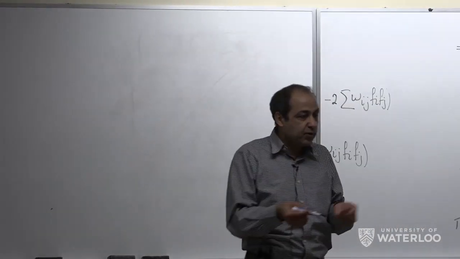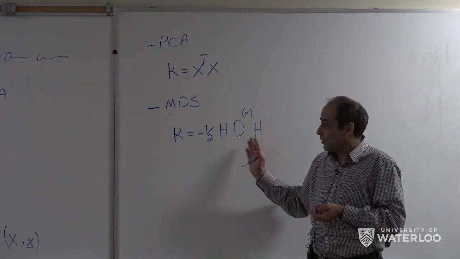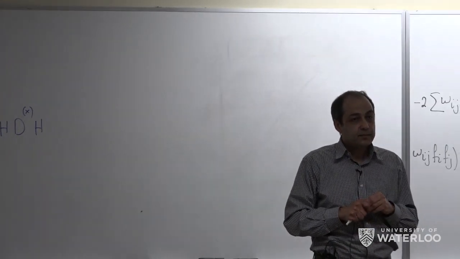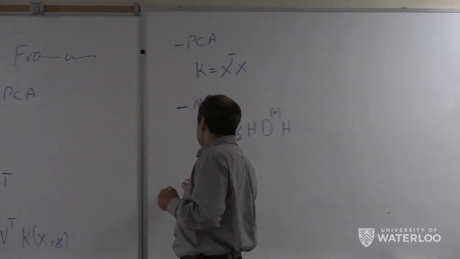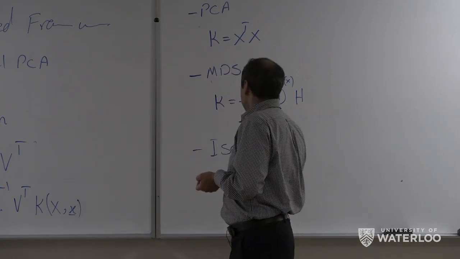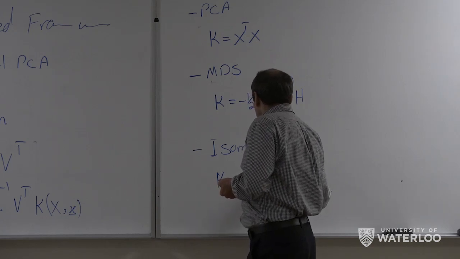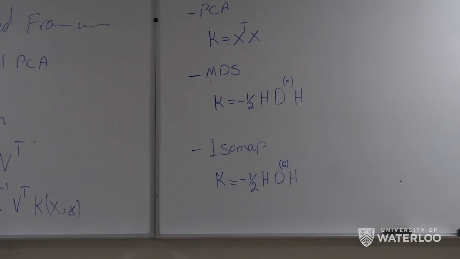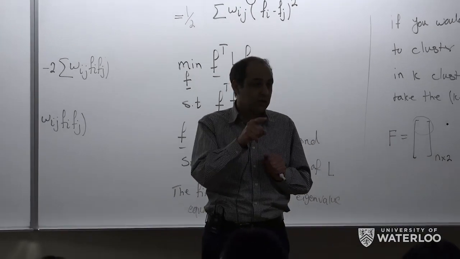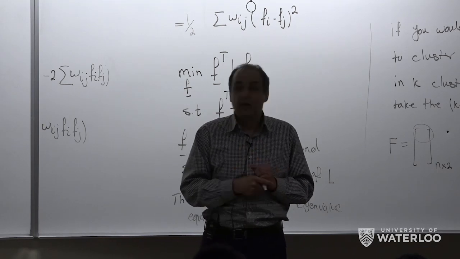I measure the similarity between points using Euclidean distance, double centered, and construct a kernel out of that. And that's MDS. What about Isomap? Isomap is kernel-PCA when K is minus 1/2 H D H, but this D is geodesic distance, not Euclidean distance. So if you measure similarity between points using geodesic distance instead of Euclidean distance, kernel-PCA leads to Isomap.